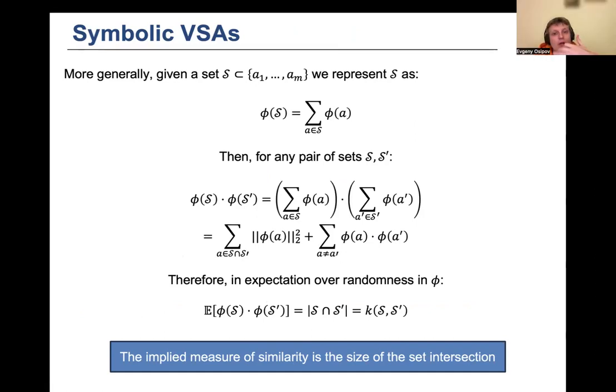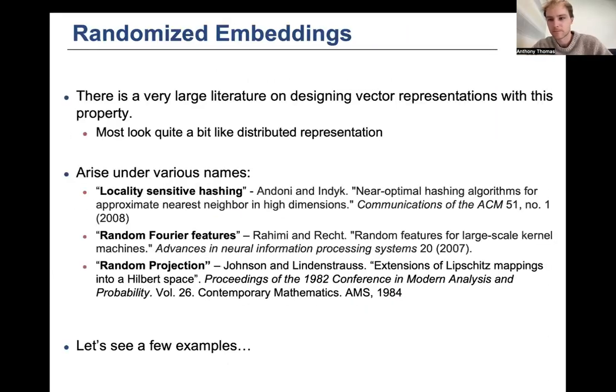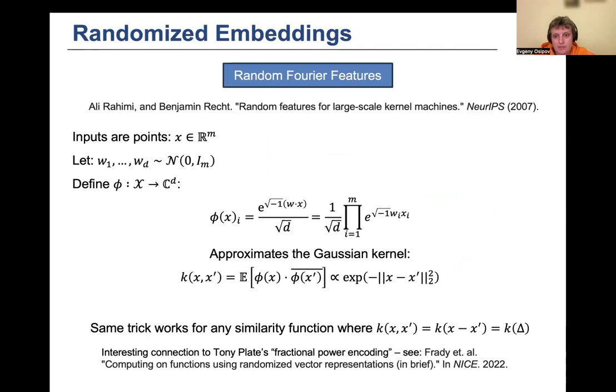Yeah. For example, random Fourier features and fractional power encoding relate somehow. Right. But if I start with some random vectors and then use VSA machinery to encode a certain input in some complicated way, how do I understand what kind of kernel I approximate at the end?